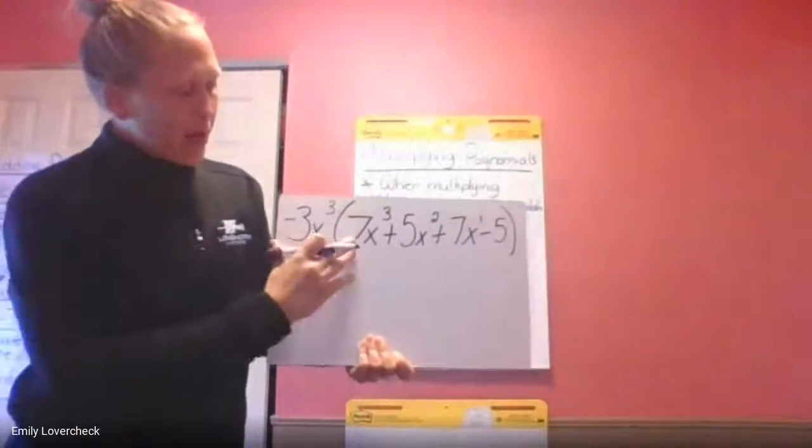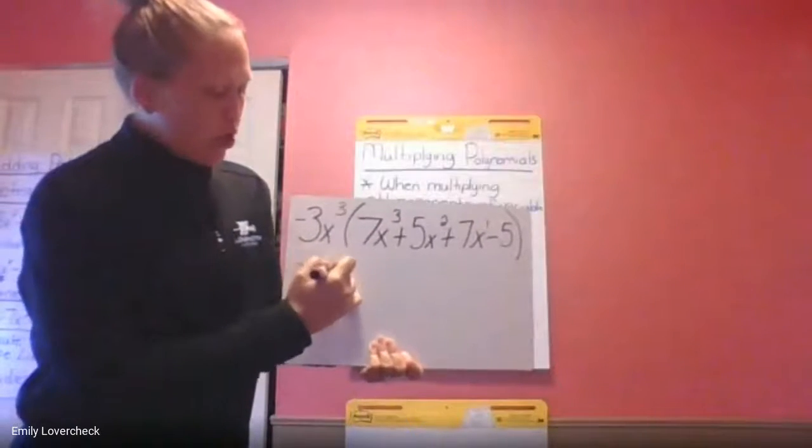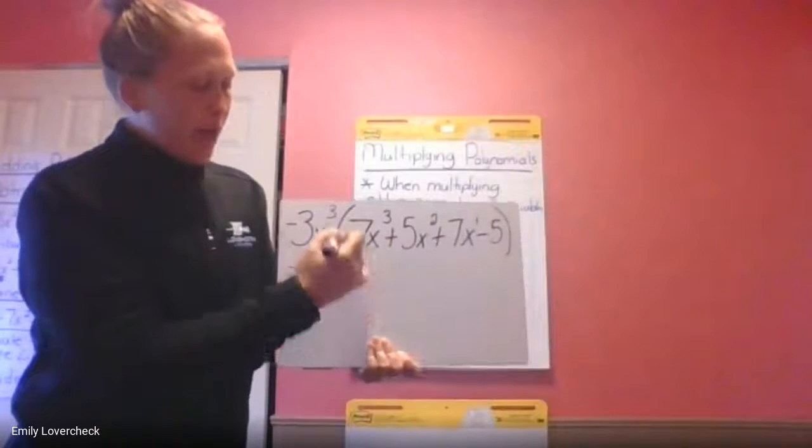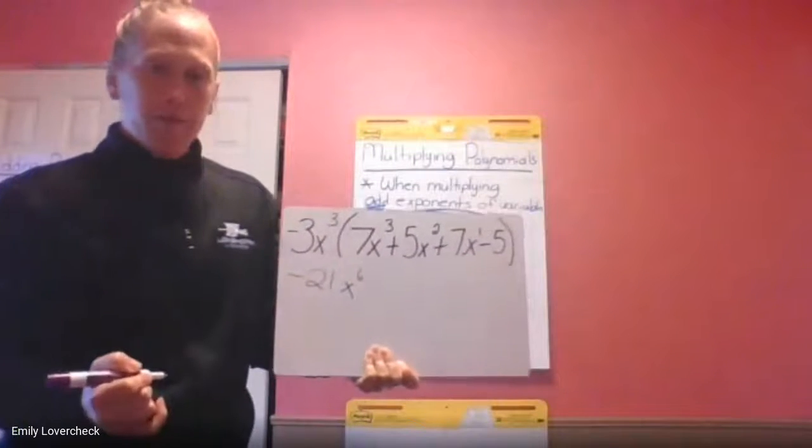So negative 3 times 7 is negative 21. x cubed times x cubed, I add those together, and 3 plus 3 is 6.